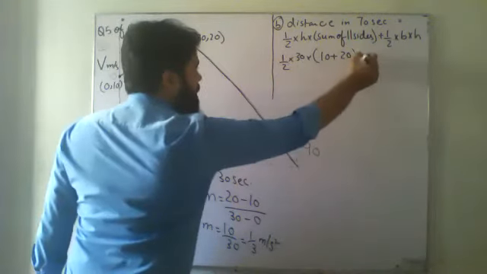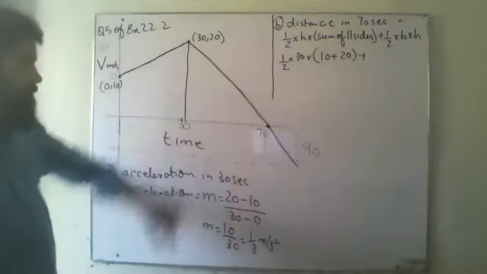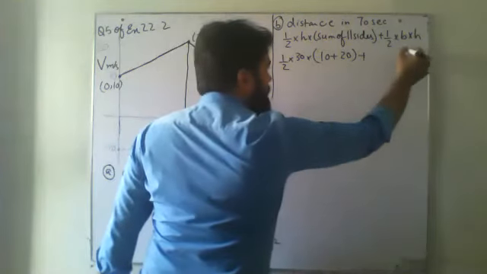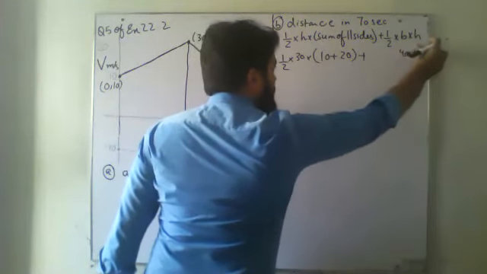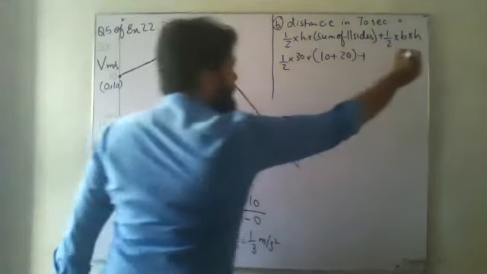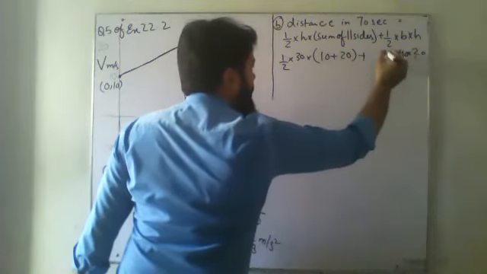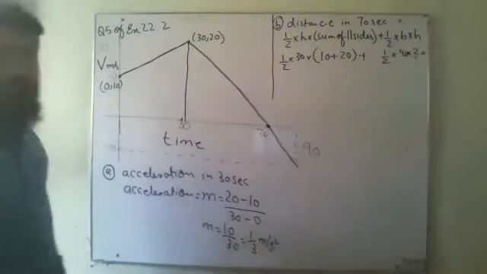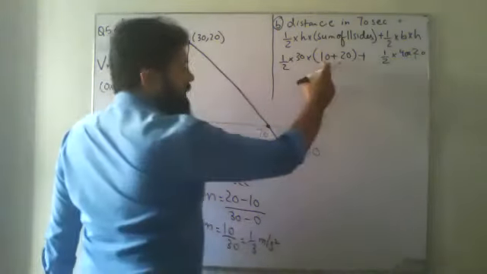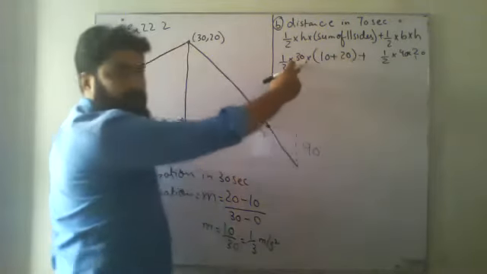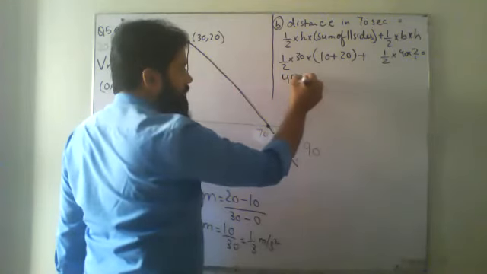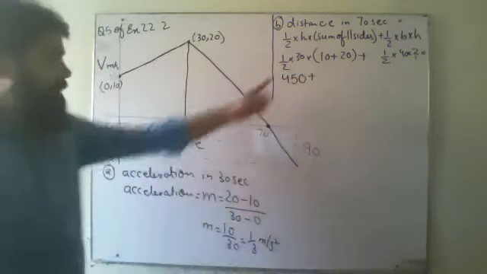Multiplied by half, plus for the triangle, base will be 40 multiplied by height, which will be 20, multiplied by half. Okay, so when I simplify it, what will happen? 10 plus 20, 30, 30 into 30, 900 divided by 2, the answer will be 450 for this part.